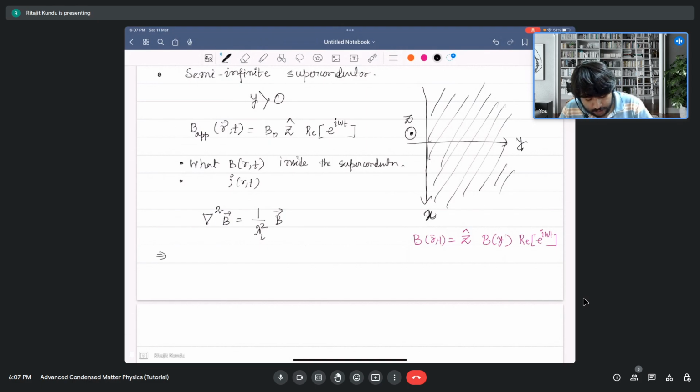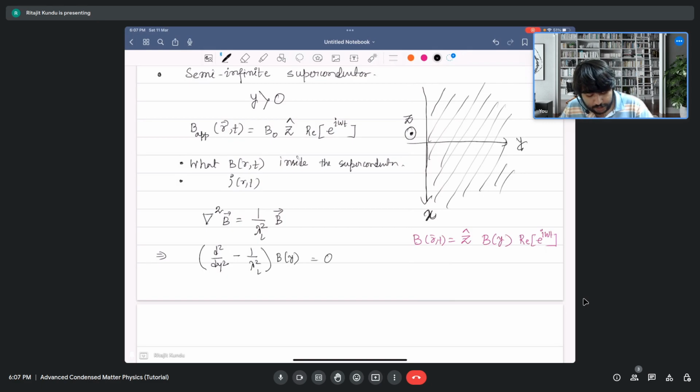So I'll write d2 dy2, and bring the 1 by lambda squared to the left hand side, acting on B of y. There can be e to the power i omega t and z hat at the end, which is not important. So this is the full differential equation that we have to solve.